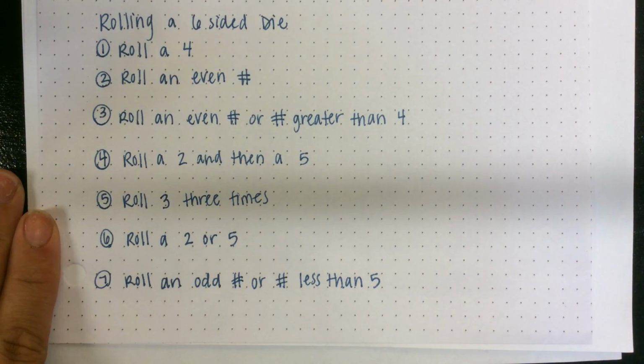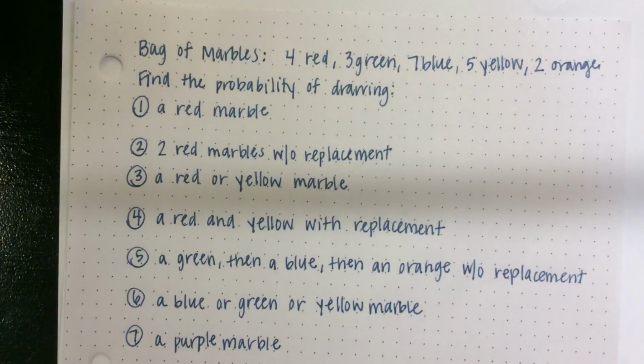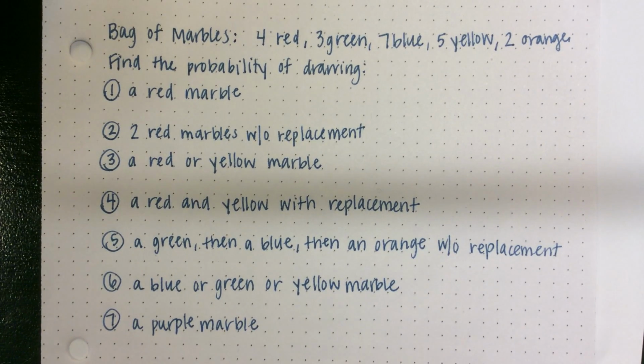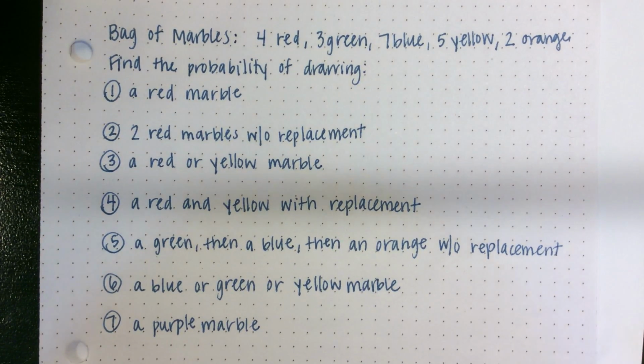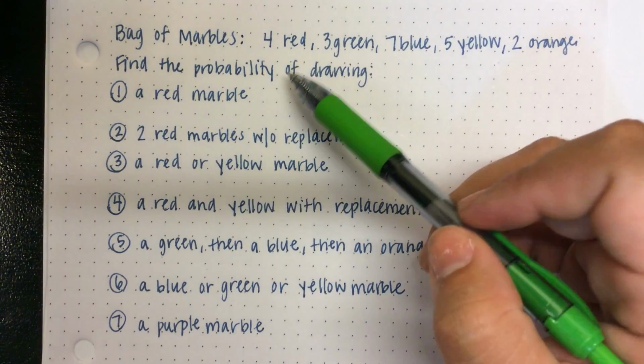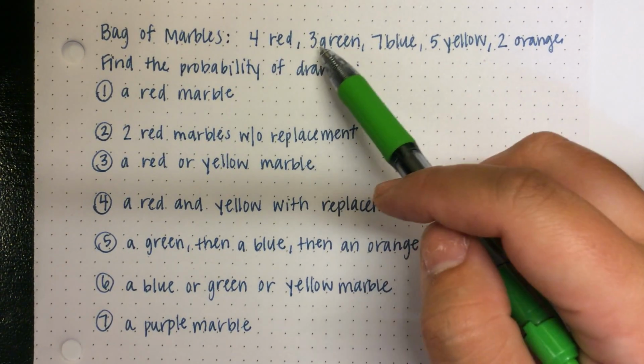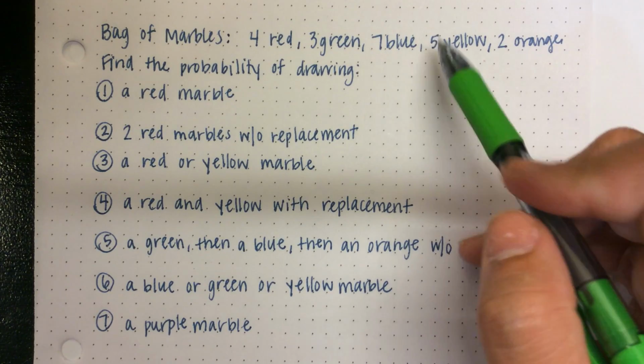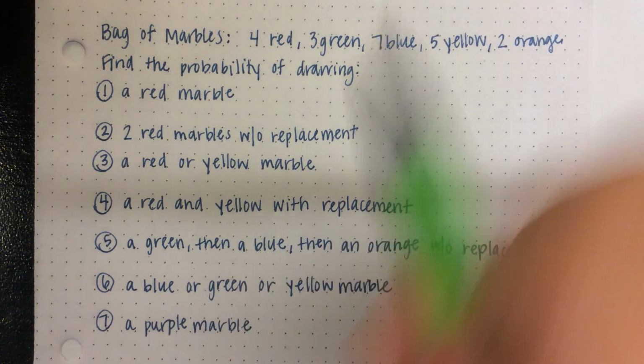For all of these, I promise it doesn't take that long. For all of these problems, I'm going to use this one bag of marbles. So I have 4 red marbles, 3 green, 17 blue, 5 yellow, 2 orange. Right off the bat, let's count how many we have. 4 plus 3 is 7, plus 7 is 14, plus 5 is 19, plus 2 is 21.